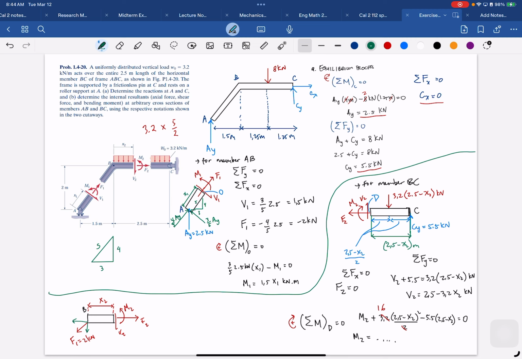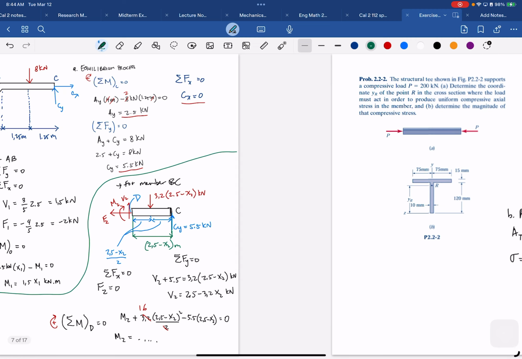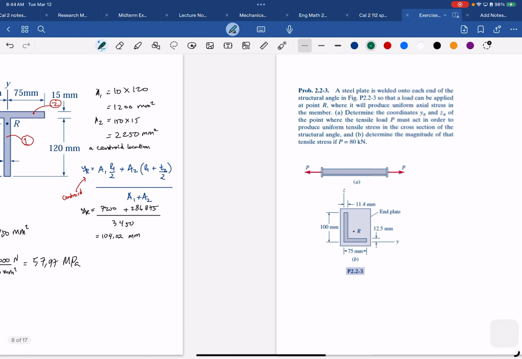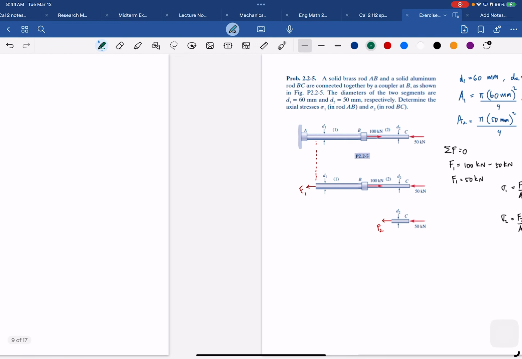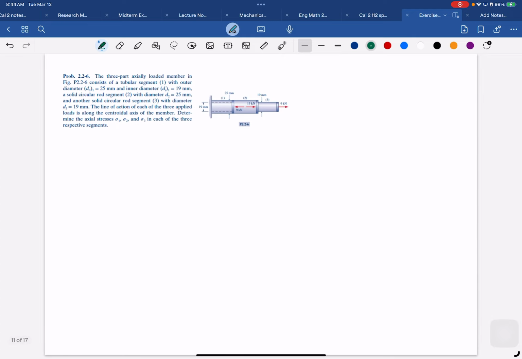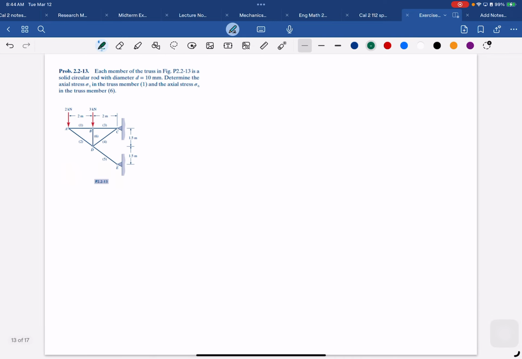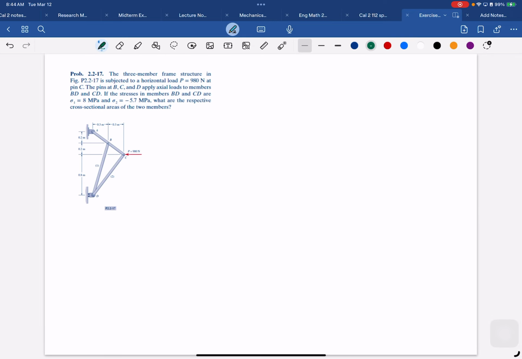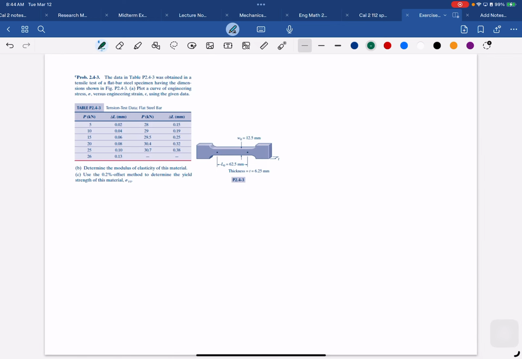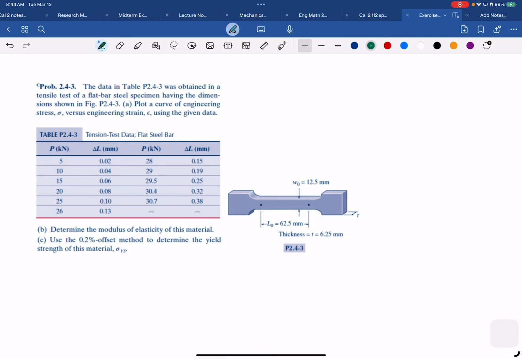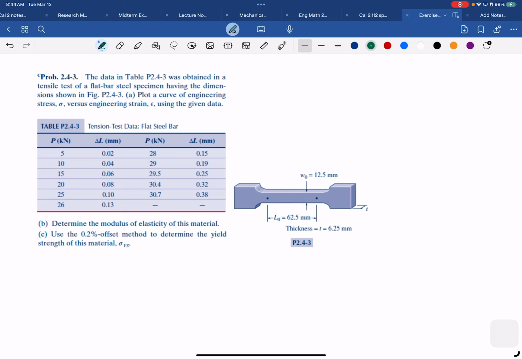Now another thing that I want to show is, oh, I think this one. I just want to show you the plot, okay?